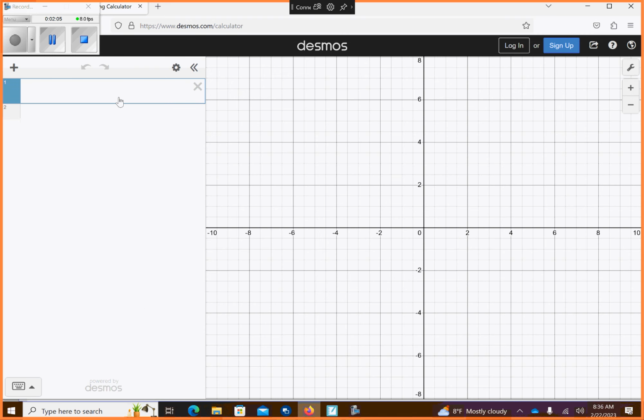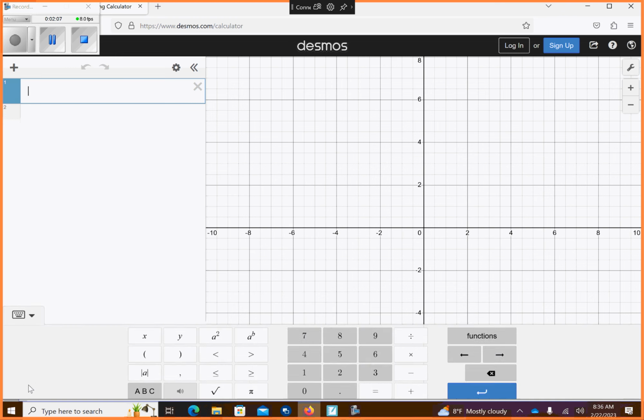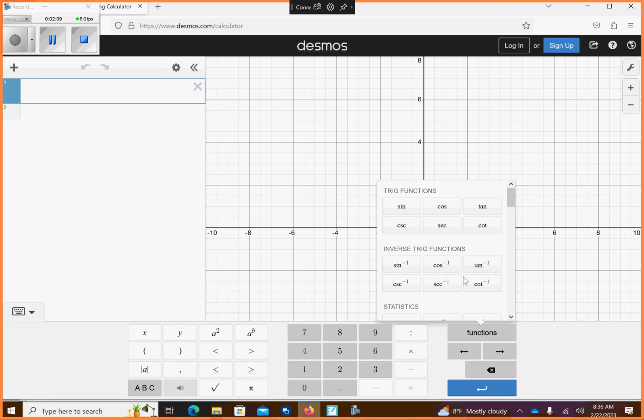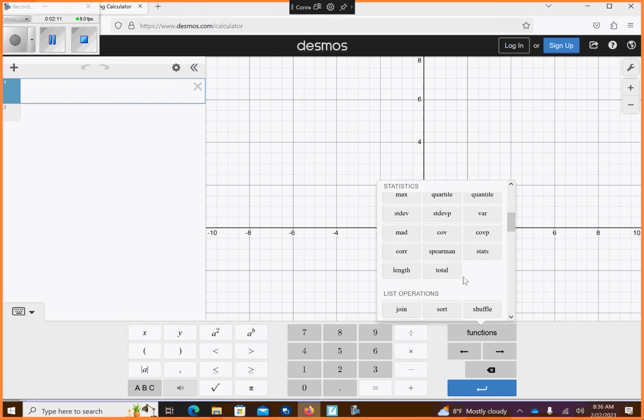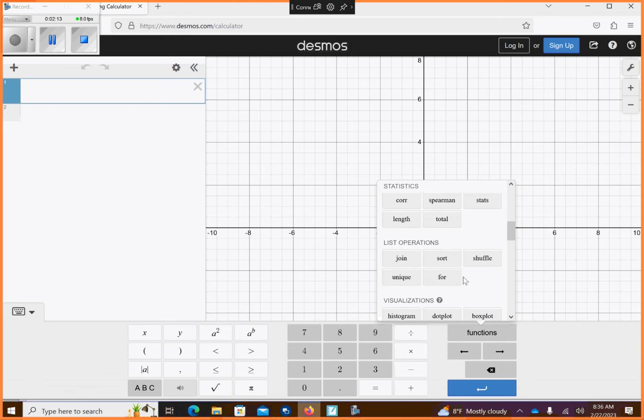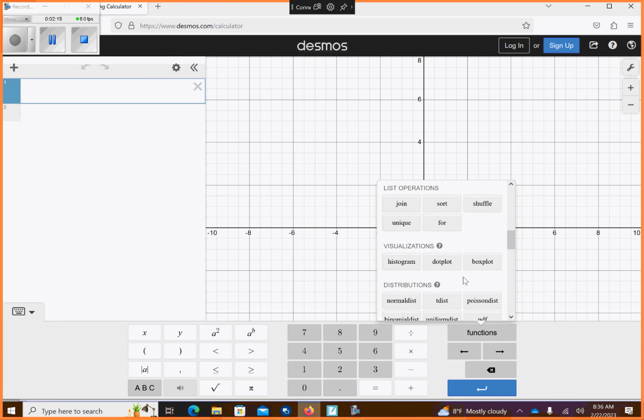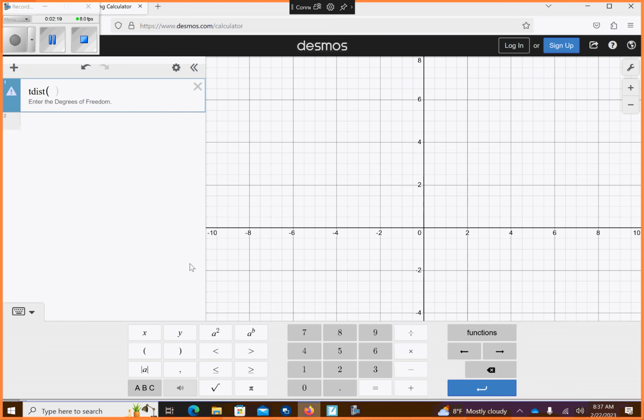I got to look under functions. It's a T distribution we're looking for. So I have a T distribution, and then it says enter the degrees of freedom. Degrees of freedom would be 9 then.